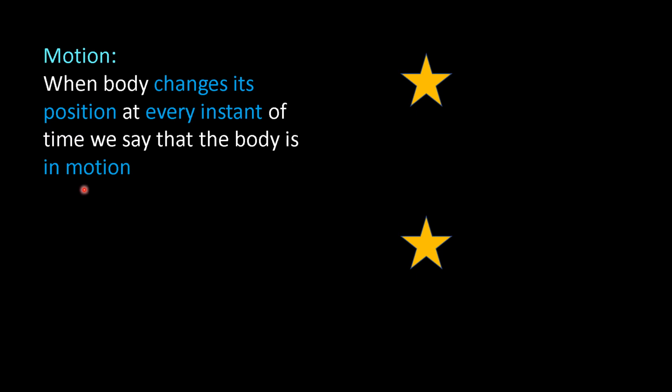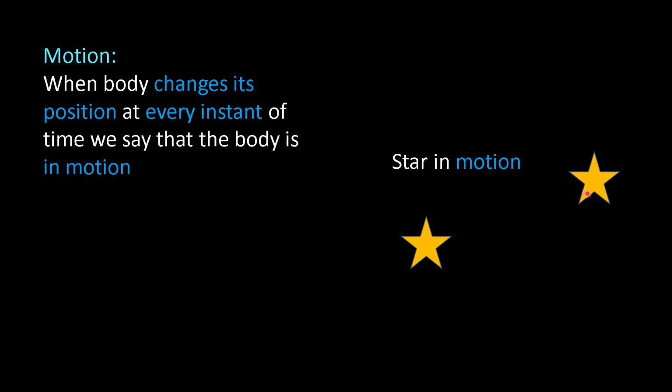Let us understand what is motion. When a body changes its position at every instant of time, we say that the body is in motion. For example, here the star is in motion.